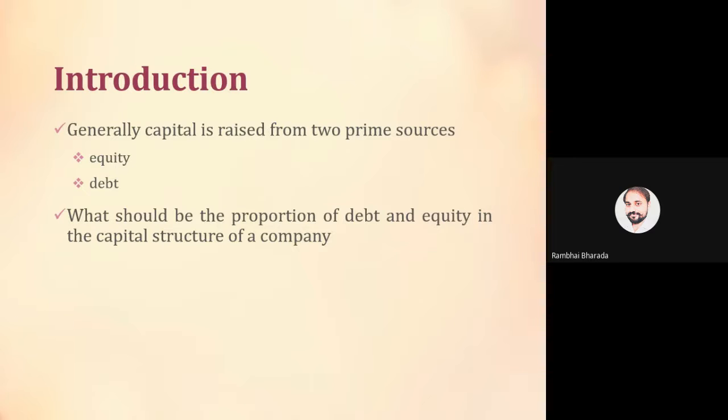Now our question is, what should be the proportion of debt and equity in the capital structure of the company? अब हमें क्या डिसाइड करना है कि हम जो टी बनाने वाले हैं उसमें कितना शुगर, कितना चाय पत्ती, कितना मसाला एंड कितना मिल्क रखें फॉर आवर टेस्ट एंड प्रेफरेंस. तो इसी तरह से हमें ये डिसाइड करना है कि एक पर्टिकुलर कंपनी का पूरा कैपिटल स्ट्रक्चर बनाने के लिए हमें कितना इक्विटी रखना होगा, कितना प्रेफरेंस, कितना डेट एंड कितना इंटरनल रिसोर्सेज. Are we clear?